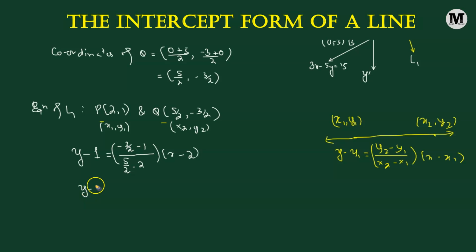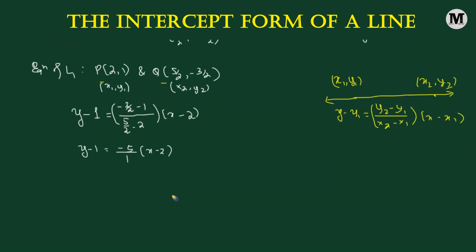Now we have y minus 1 equals -5 divided by 1 multiplied by x minus 2. Let's further simplify. We get y minus 1 equals negative 5x plus 10. Rearranging the terms, we get 5x plus y equals 11. And this is the required equation of the straight line.